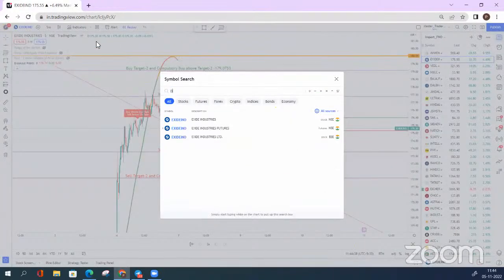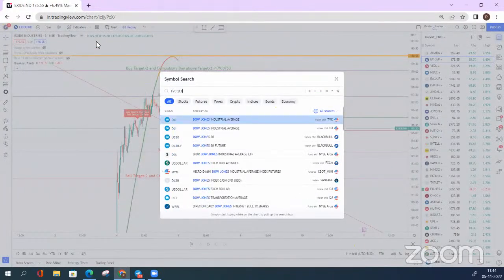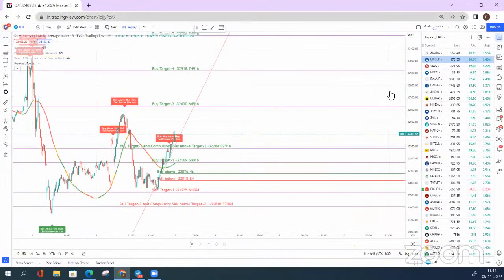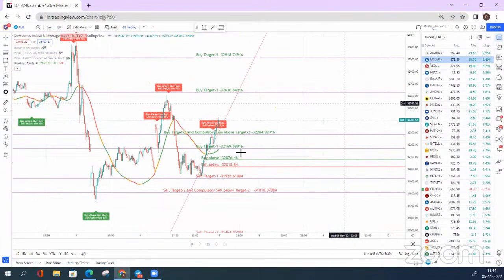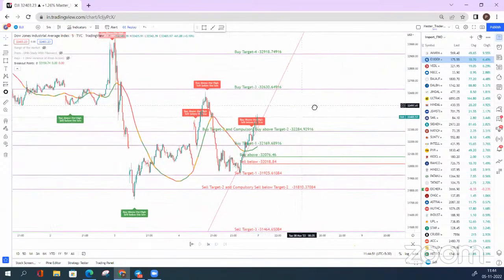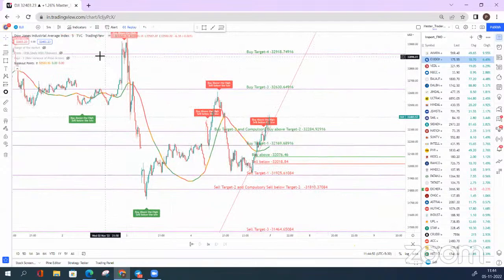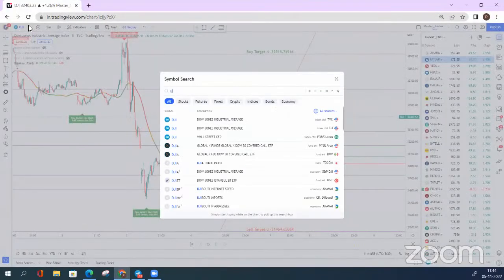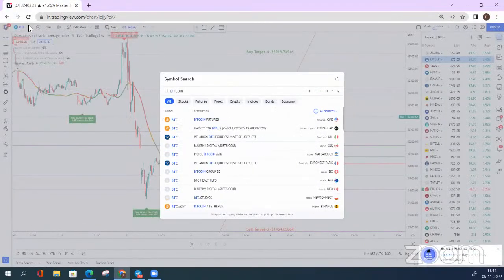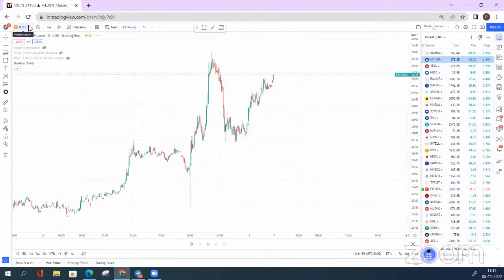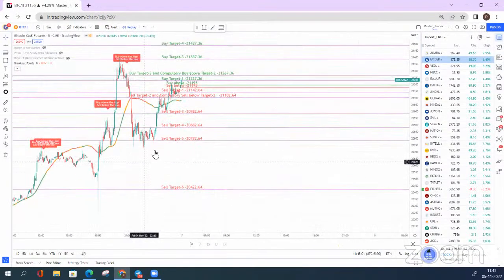I can do it with Dow Jones or anything. If you want to do Dow Jones also, it works beautifully. See here, buy above this level, compulsory buy, it is going up. So it works on any kind of market. If you want to do it in crypto, I can show it in crypto, Bitcoin. See here, it's below here.